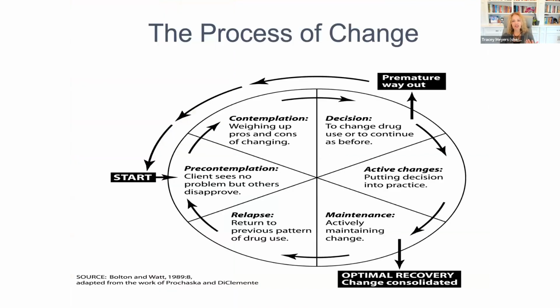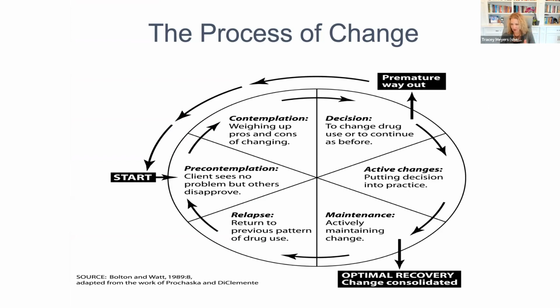If we're using the stage of change model, we're thinking about pre-contemplation, where a client doesn't see a problem, but they know other people disapprove. Like in Donna's case, she said, oh, my mom hates that I use. She's always been on me for using. But I don't think it's a problem. Then contemplation: I know I should stop, but I don't want to, or it's too hard, or I don't have any control.